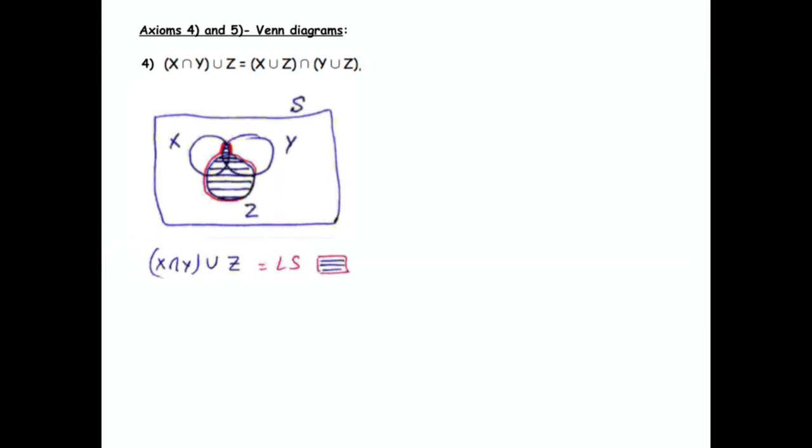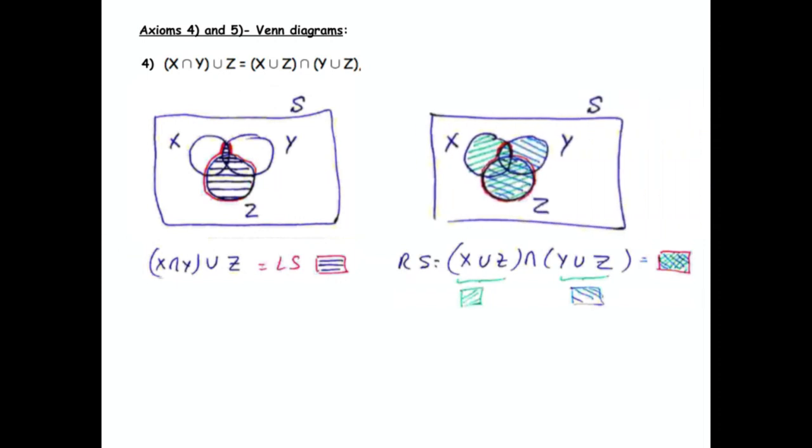So now we're going to do the right side. For the right side, we have x union z, it's these two circles together. And then we have y union z, these circles together.